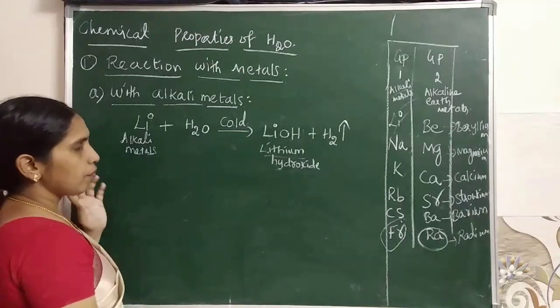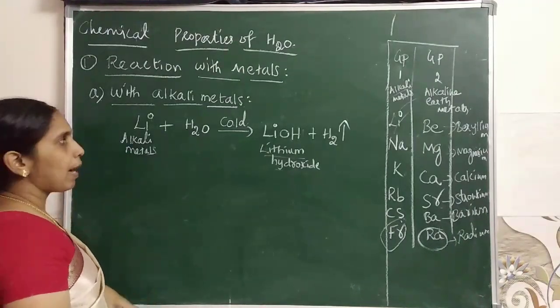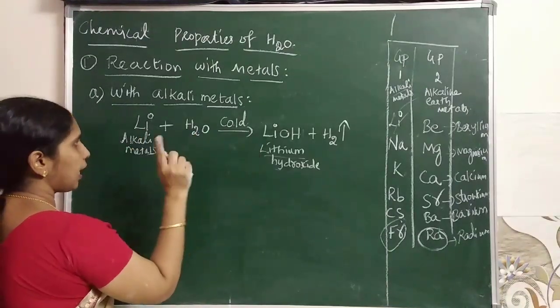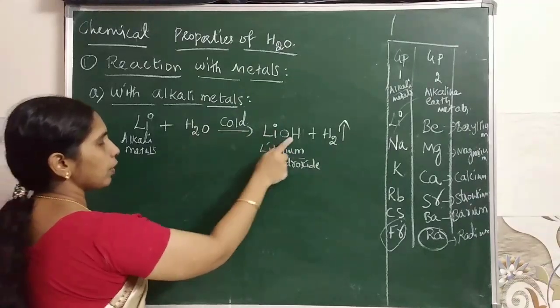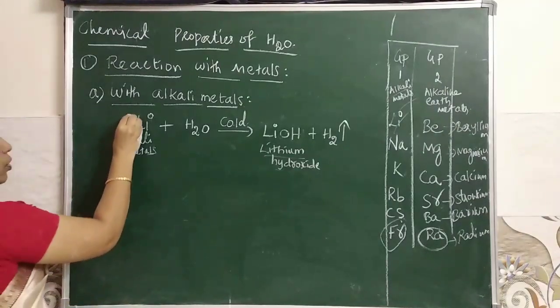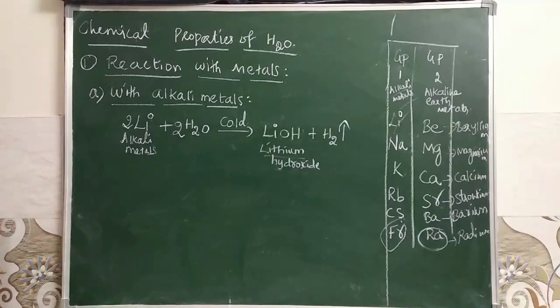Whenever we write the equation, we must balance it. Here Li 1, oxygen 1 on the left, oxygen 1, hydrogen 2 and hydrogen 3 on the right. So we balance: 2 Li plus 2 H2O.